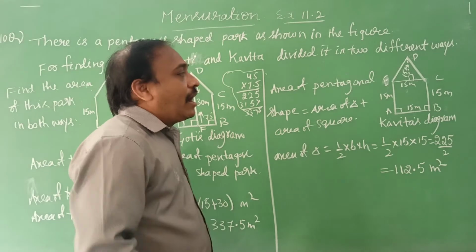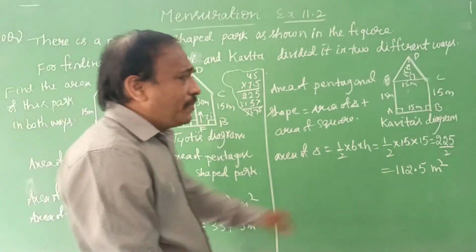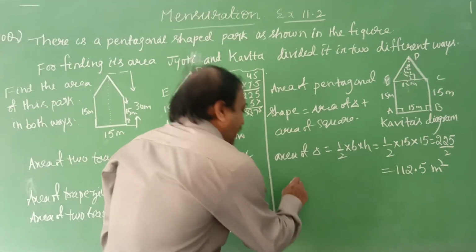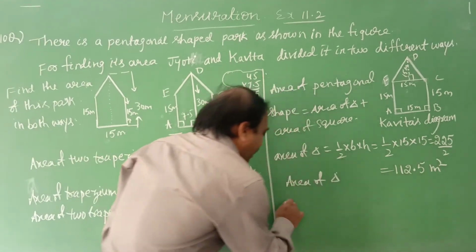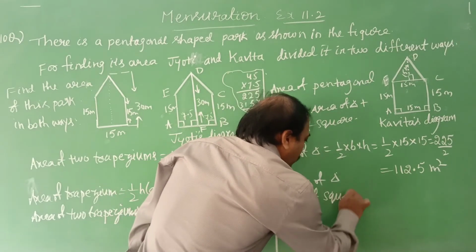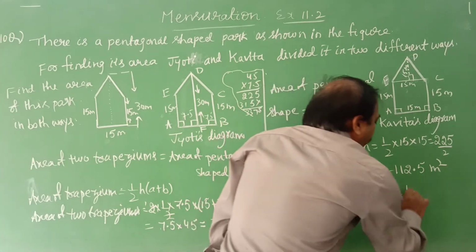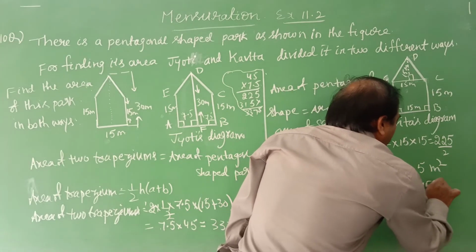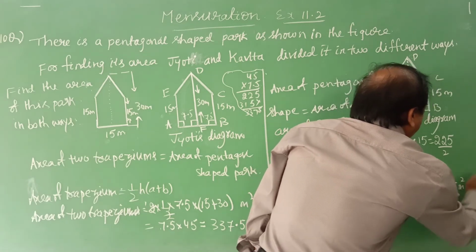This is the area of the triangle. Now area of square is equal to side into side, which is 15 into 15, which is equal to 225 meter square.